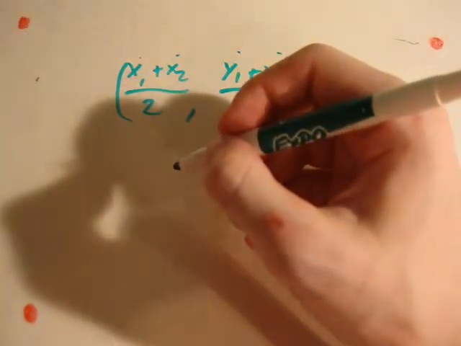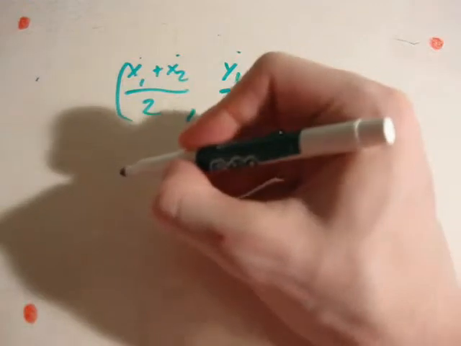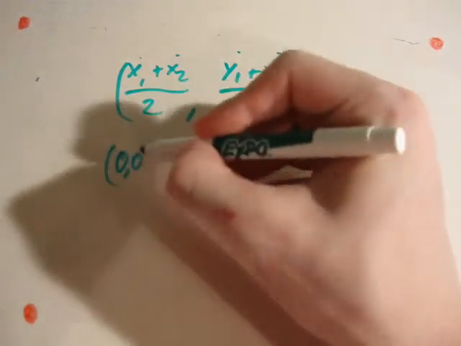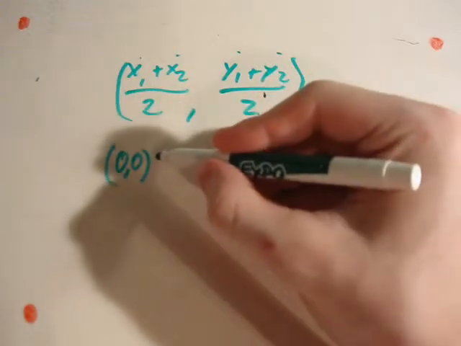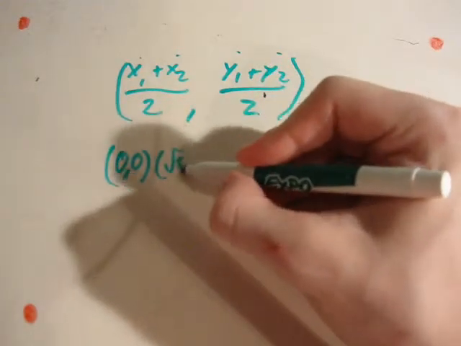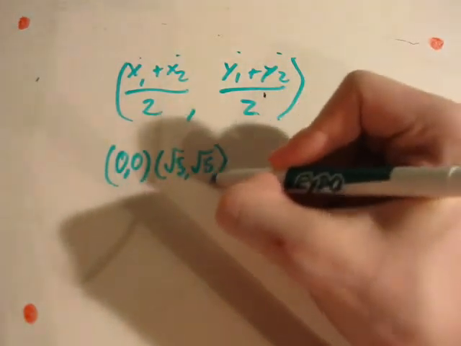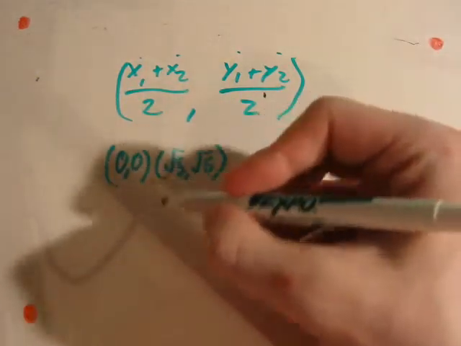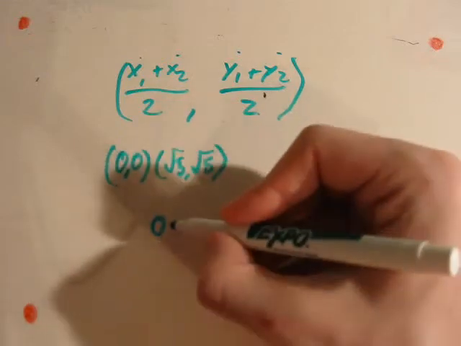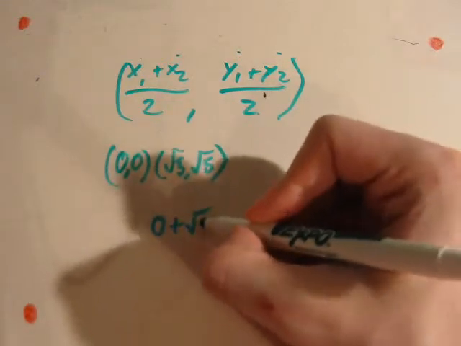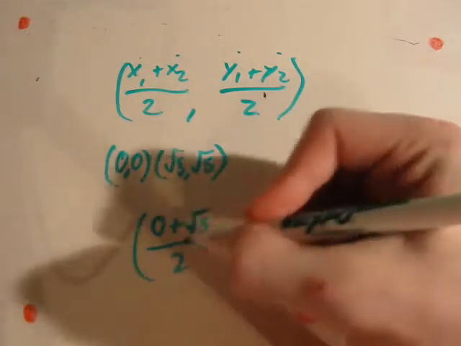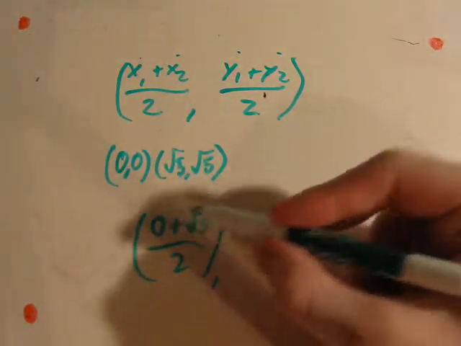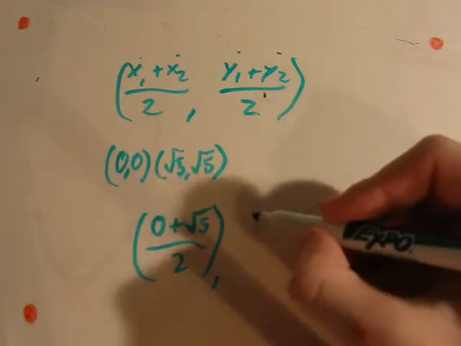Applying this to a problem, we've got the origin and the square root of 5. So we take our first x and our second x, divide by 2, that's our next x-coordinate, the average of these two added together.